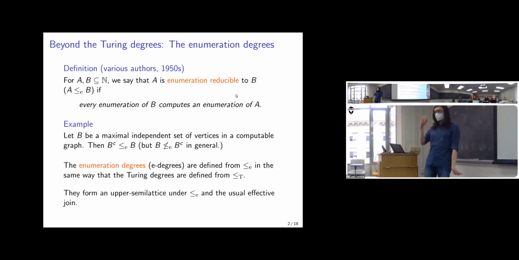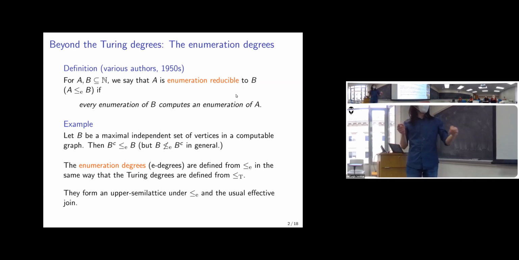With this notion of reduction, it is reflexive and transitive. So we can define the enumeration degrees by taking equivalence classes: whenever A is reducible to B and B is reducible to A, they are in the same equivalence class, the same E degree. This is the same way that the Turing degrees are defined using Turing reducibility.